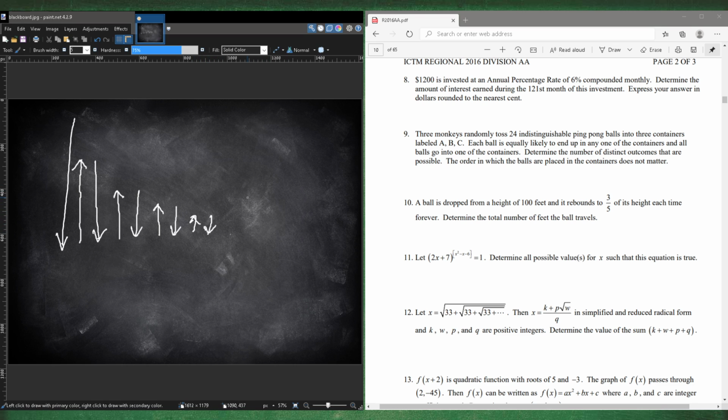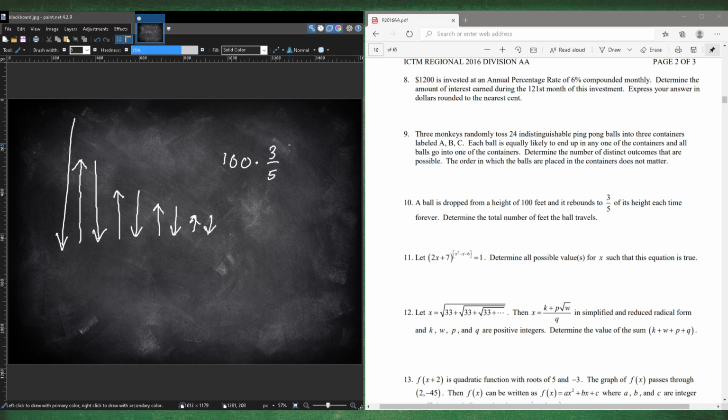So what is the total amount of distance traveled? Well, if you think about it, we could think about it going down and then going up. So when it's going down, how much distance does it travel? Well, it starts with 100, and then each time it goes by 3/5.